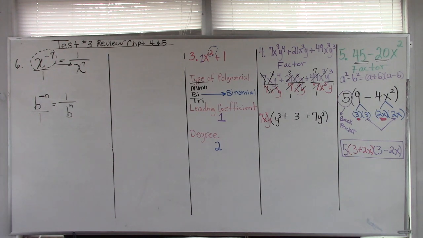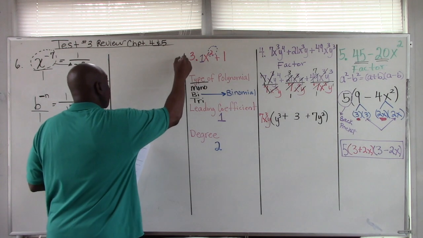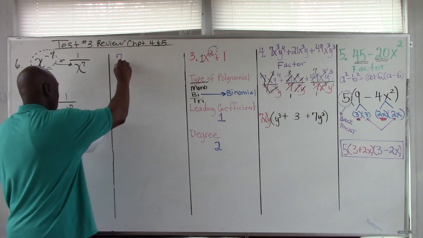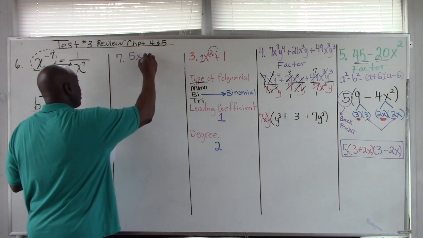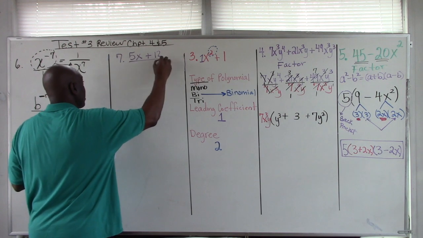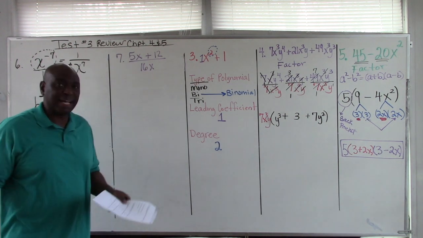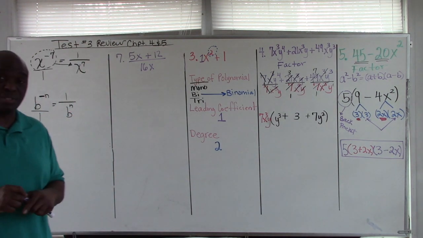Seven is 5x plus 12 divided by 16x. Find all restrictions. What are the restrictions? Three steps.